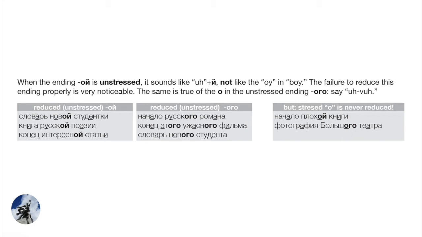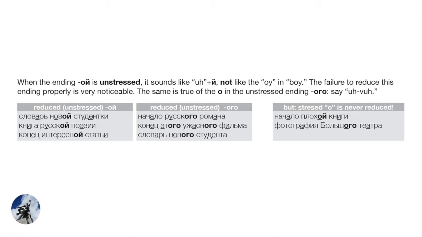Книга русской поэзии. Okay, so again, focus on the adjective. It's not русской, but русской. Okay, the end of an interesting article. Конец интересной статьи. So again, интересный, not интересной.